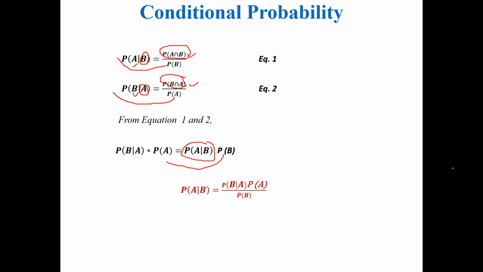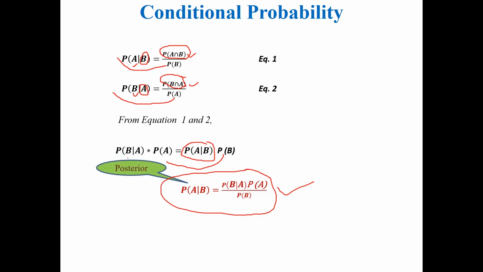So this is actually the Bayes theorem. This equation is nothing but the Bayes theorem, and this theorem is used for Bayesian learning. We need to remember this equation because we need it very frequently in Bayesian learning.